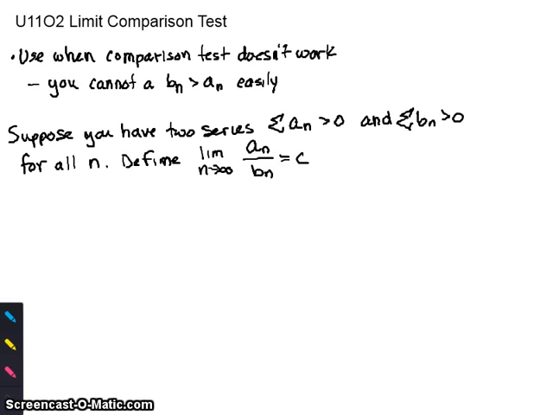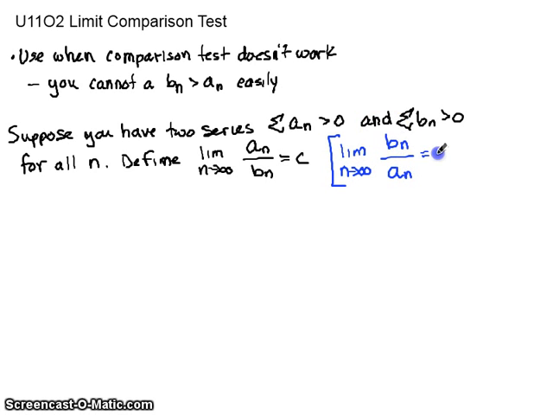Now, parenthetically, I'm also going to say that this will work, and we'll talk about which one we want to use in a minute. We could say the limit of b of n over a of n equals c. That will work as well.